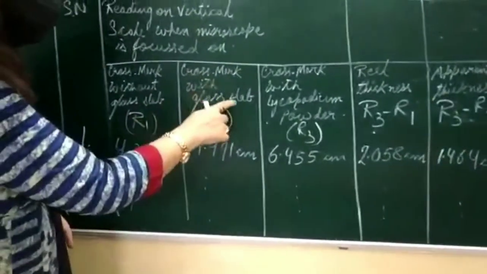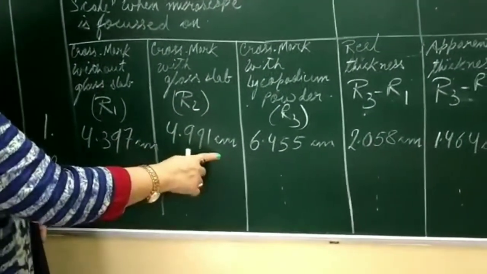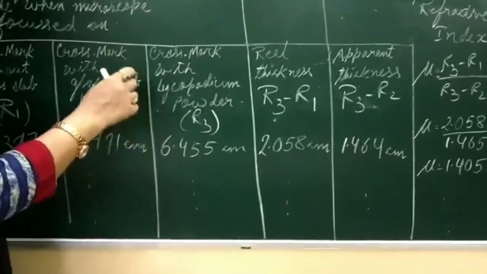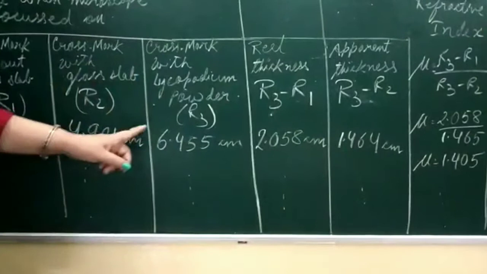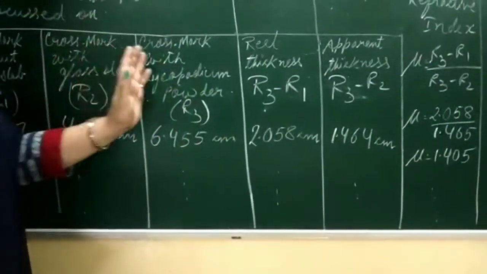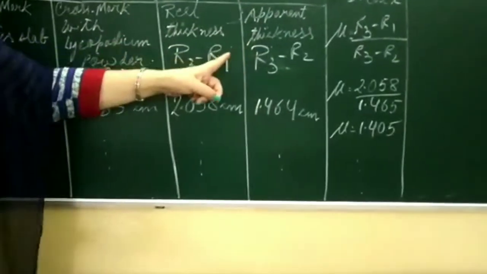Now the cross mark with the glass slab: R2 is 4.991 centimeter. Next, the cross mark with lycopodium powder which we sprinkled on the glass slab: R3 is 6.455 centimeter.